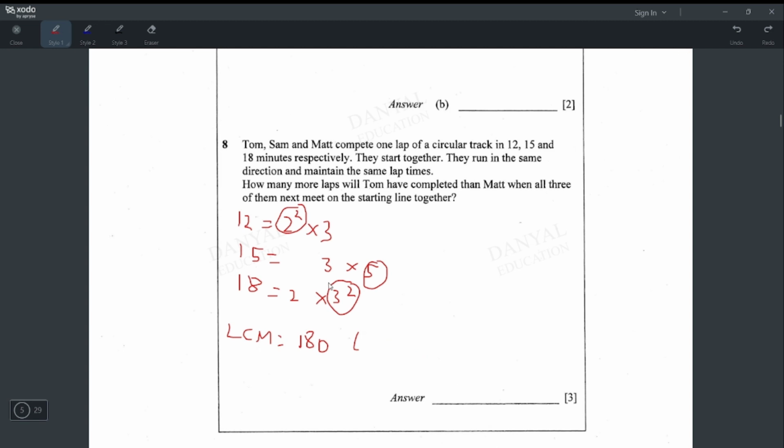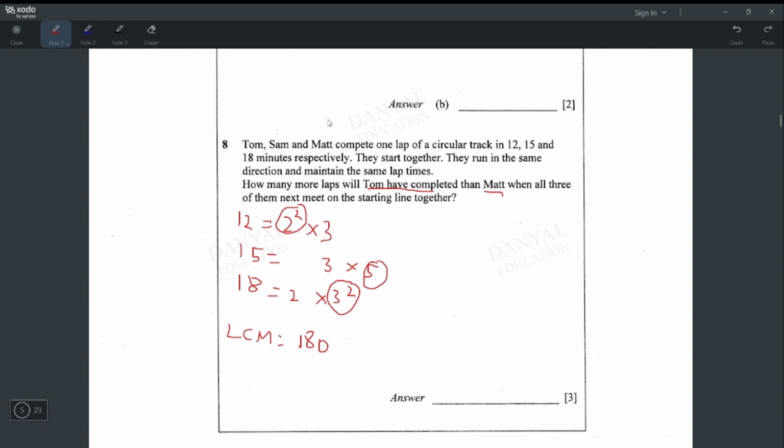Okay, so now that we have 180 minutes, this means that the next time they meet on the starting line together will be 180 minutes after they started. The question is asking how many more laps Tom will have compared to Matt.